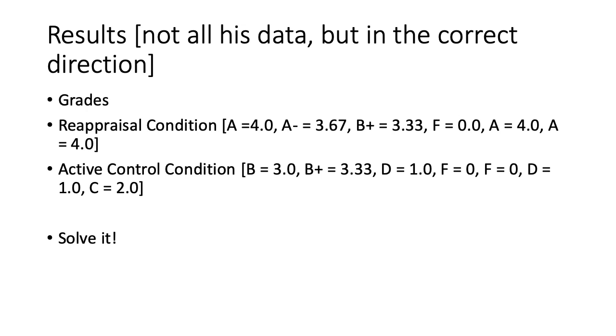Notice, don't put the scores in as A. I'm trying to trick you here, but I'm also going to explain this, right? A is a 4.0, an A minus is a 3.67, a B plus is a 3.33, an F is a 0.0, an A is a 4.0, an A is a 4.0. Right? Don't forget to run these data through the outlier detector. My guess is that 0 is an outlier in that condition, right? I didn't check it though. So check for outliers, remove them.